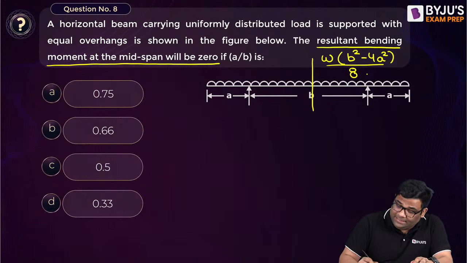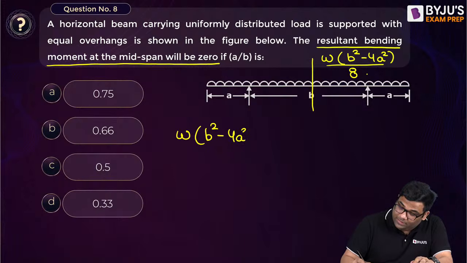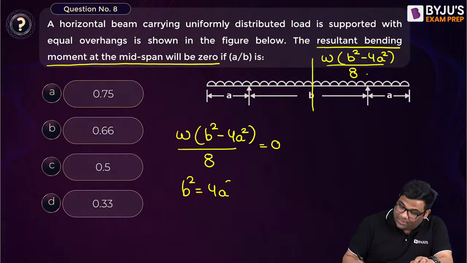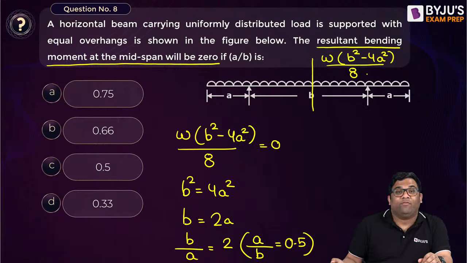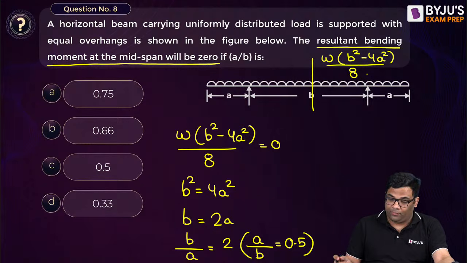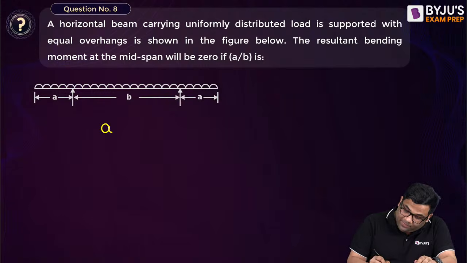Now this is 0, which means b square is equal to 4a square, or b is equal to 2a. So b by a is 2, and a by b is 0.5.